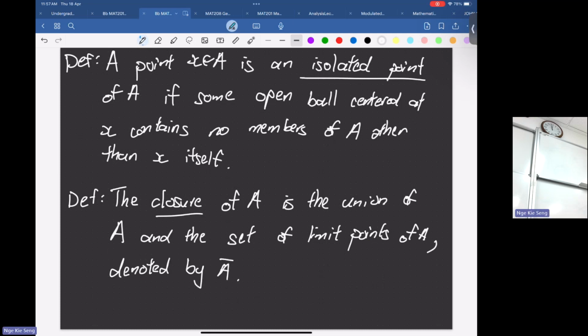It's like we close it. Closure of A is A with its set of limit points. One example we frequently talk about is if you have Q, we take Q bar and we'll get R.